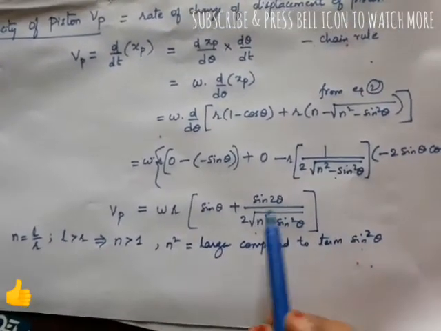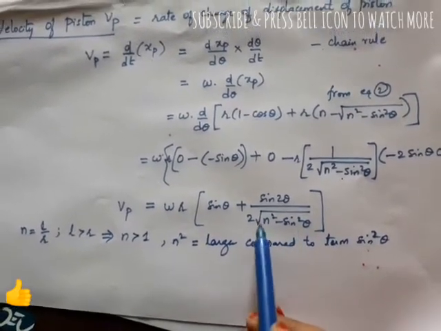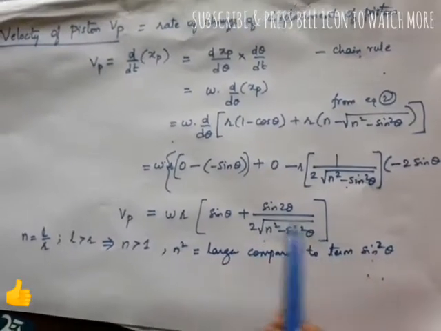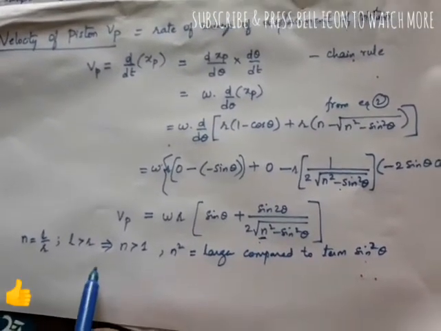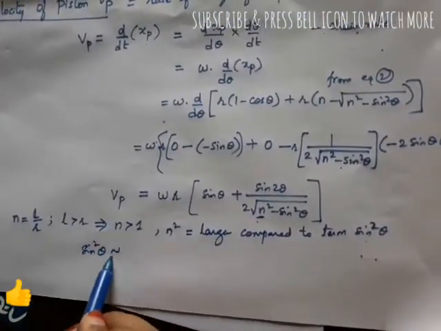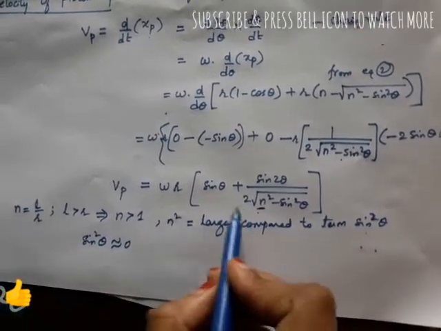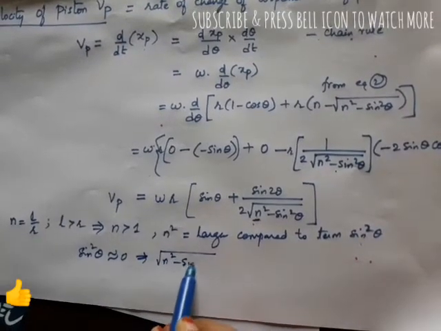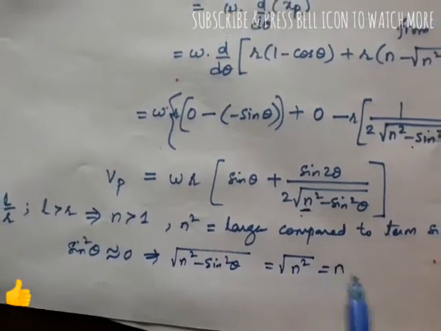Therefore, in the expression of Vp, in the denominator of the second term we have under root n square minus sin square theta. Since n square is much larger compared to this particular term, I am neglecting sin square theta, putting it down towards 0, so that the denominator root over n square minus sin square theta can be written as simply root over n square, or simply n.